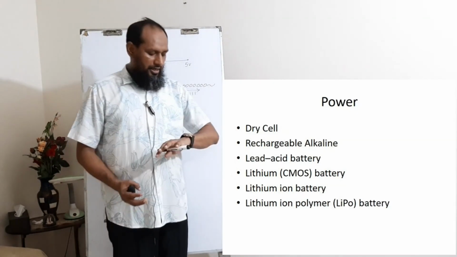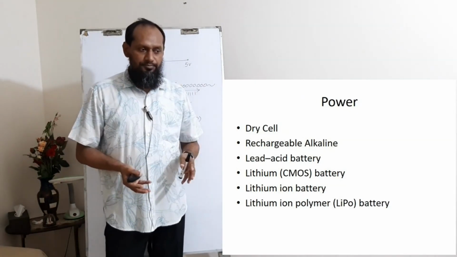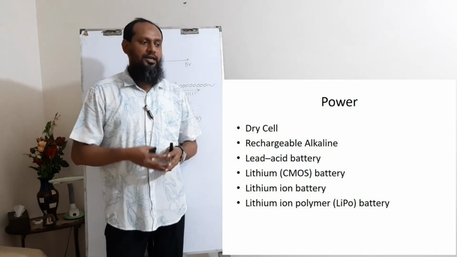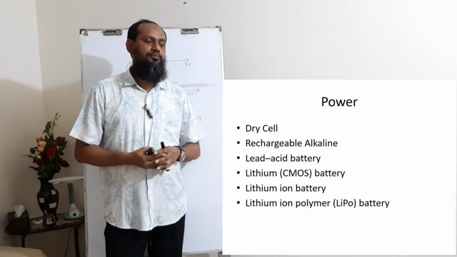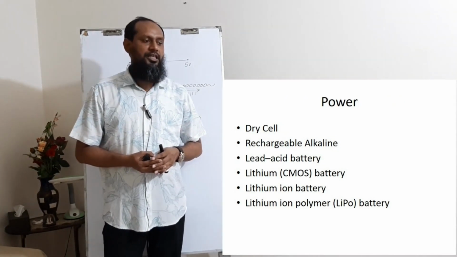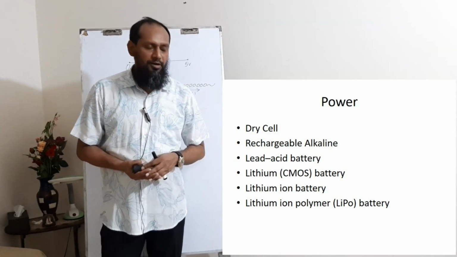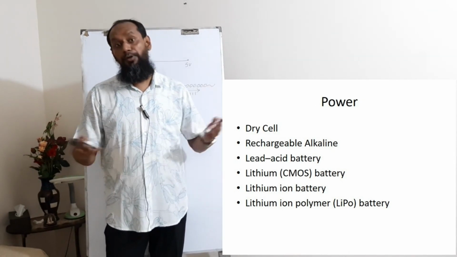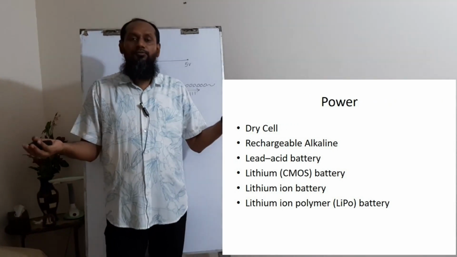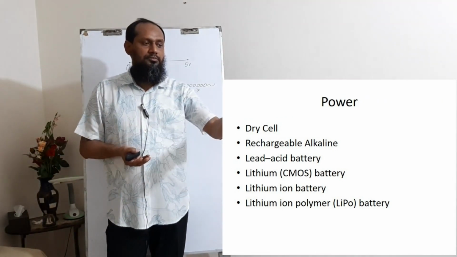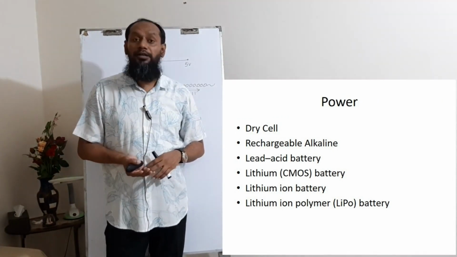And power is another important issue. There are dry cells, rechargeable alkaline, lead acid battery, lithium CMOS battery, lithium ion battery, lithium ion polymer battery, different types of batteries depending on the application. For our car, which one are we using? Lead acid battery.